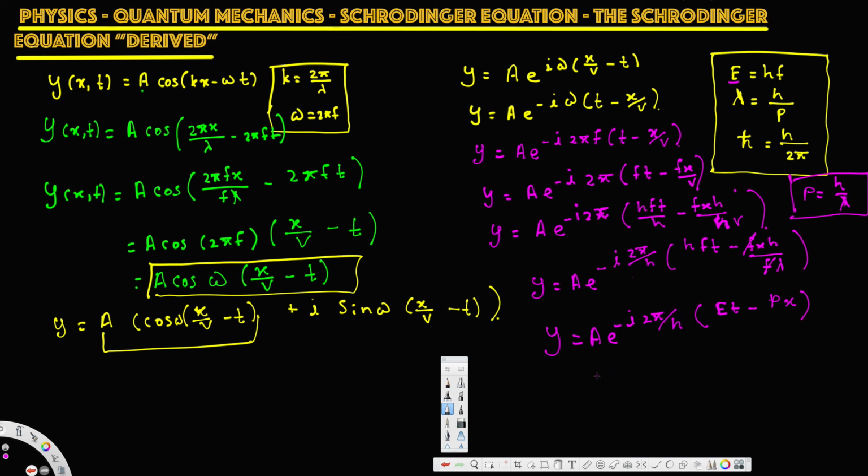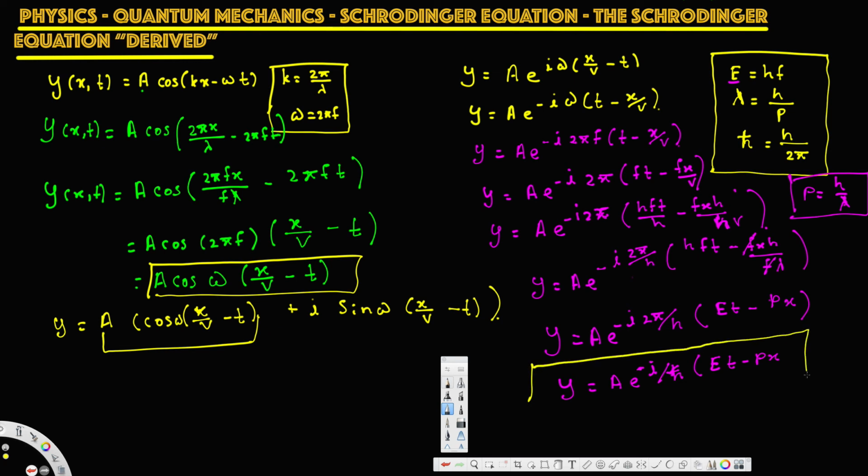So this is going to be y is equal to A e to the power negative i divided by h bar, and also here we have negative, so the h bar in the power, (E t minus p x), and this is going to be the final derivation of the Schrodinger equation.